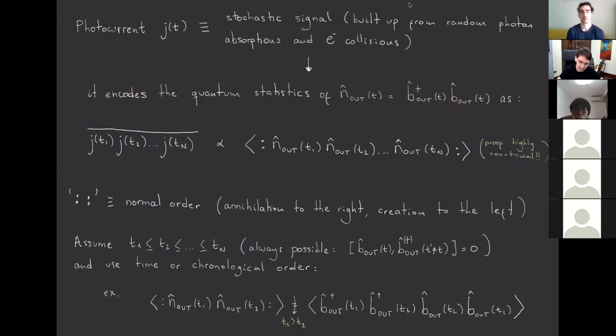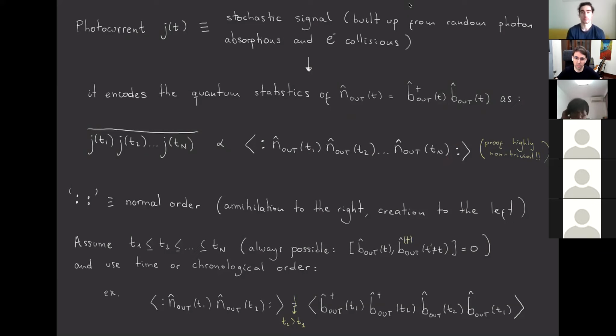And the exact relation is this one, in which the multi-time correlation functions of the stochastic signal of the photocurrent are proportional to the normally ordered moments of the corresponding output number operators.